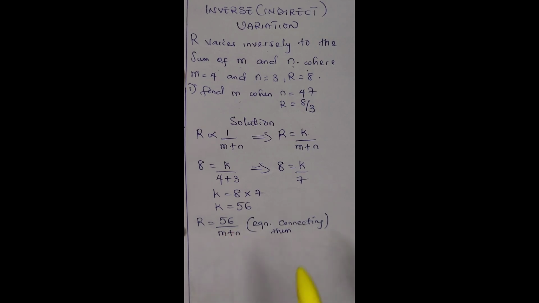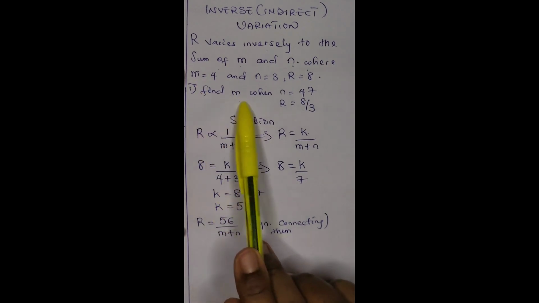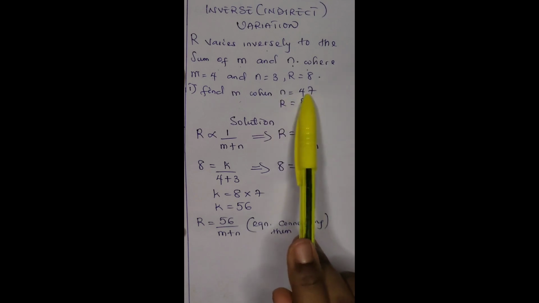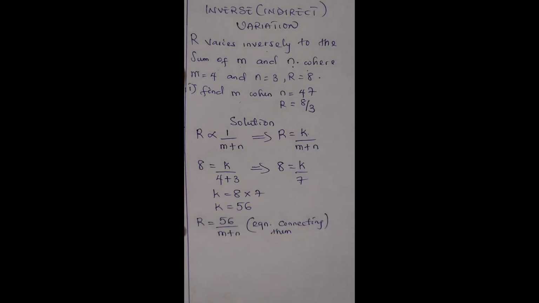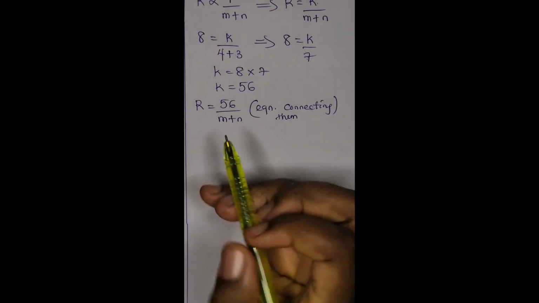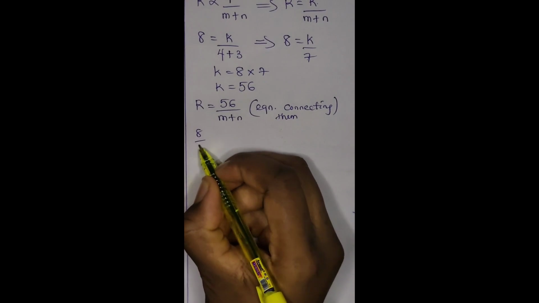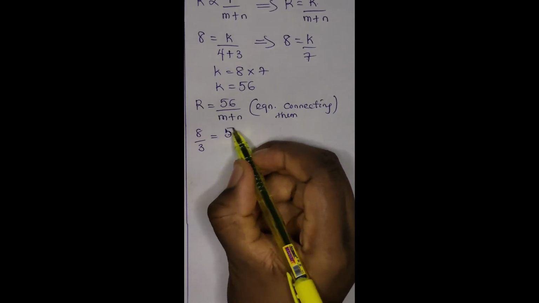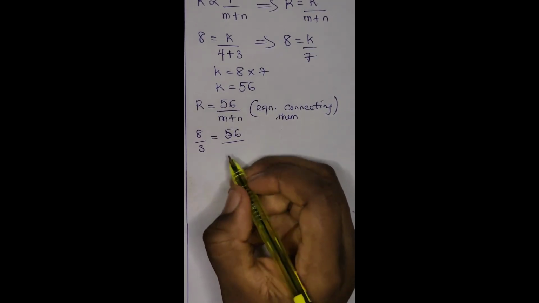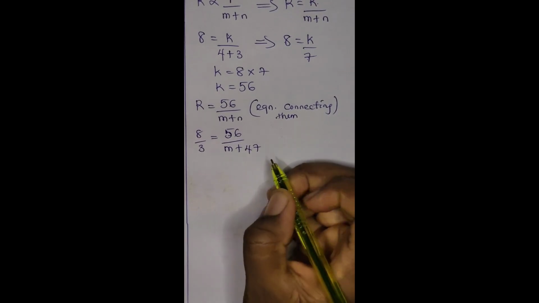So from here, we are asked to find m when n is equal to 47 and r is equal to 8 over 3. So our r is 8 over 3 equal to 56 over, we are looking for m, and n is 47.